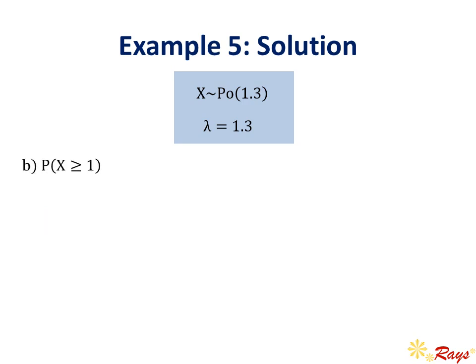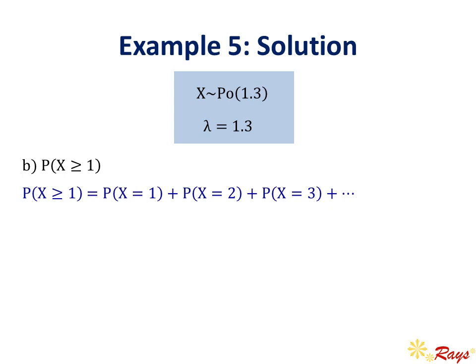B. Probability of x greater than or equal to 1. We can list down that when x is greater than or equal to 1, we are asked to find the probability of x equals 1 plus probability of x equals 2 until, since it is a Poisson distribution, until infinity, which is impossible to do.